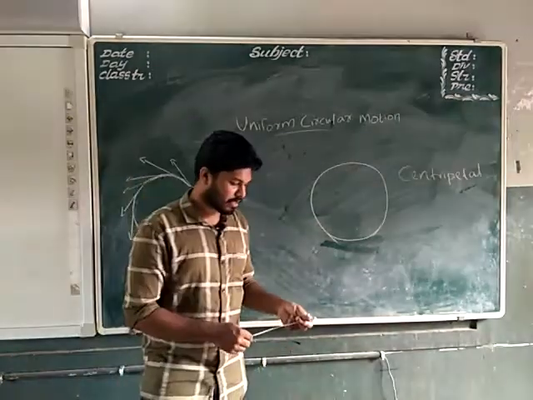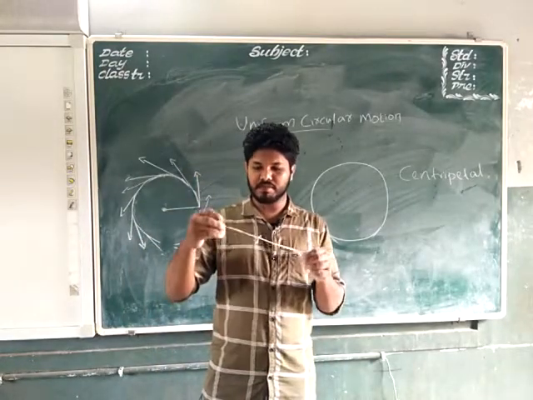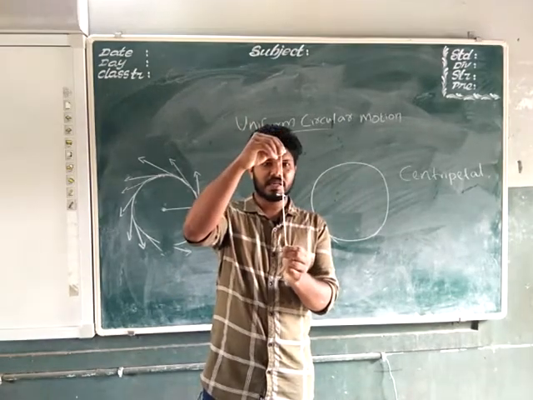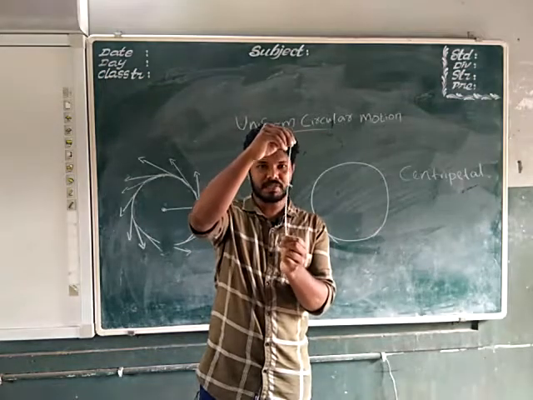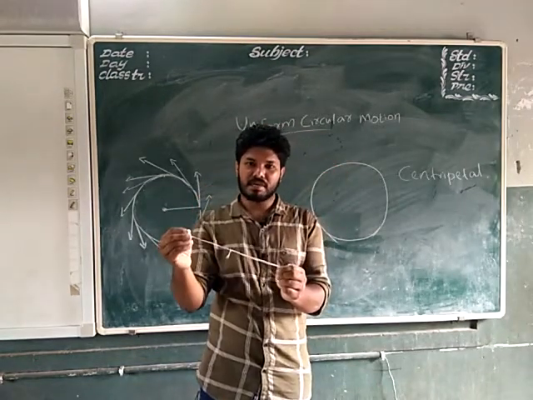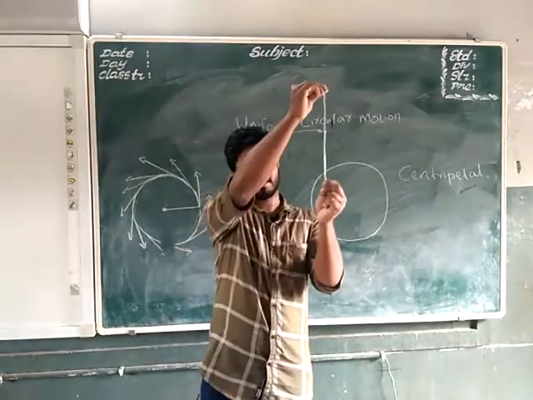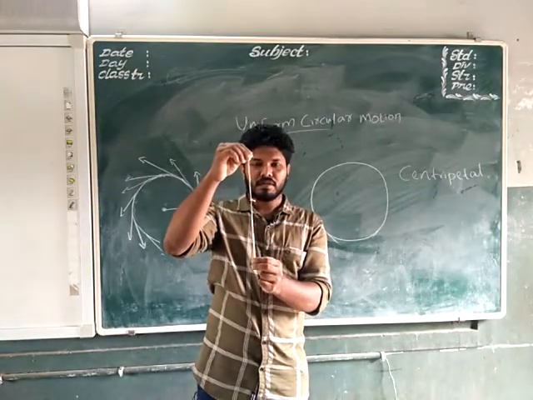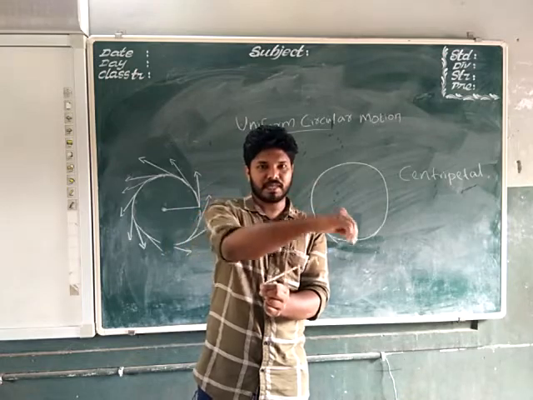See, if the body is moving and reaches here, it wants to go this way, but what happens? The pull from the center makes it go down. When it is coming from here, it really needs to go that way, but the center of the circle pulls it downwards, so it moves like this.